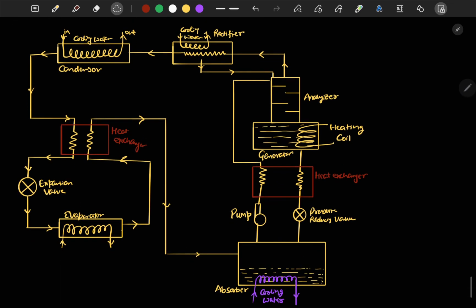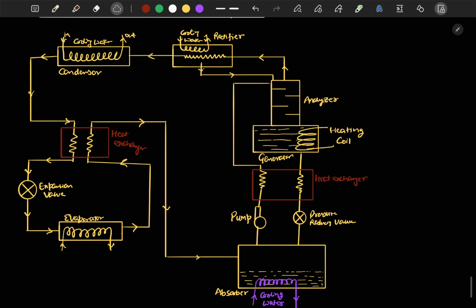Here, let me tell you the steps in detail. After exiting from the evaporator, it is NH3 vapor, and it is further heated in the heat exchanger, and after that it is sent to your absorber.